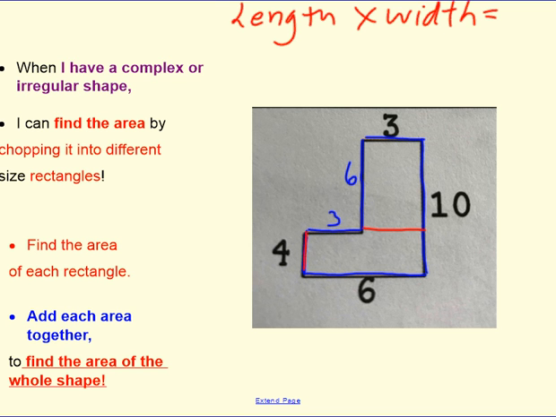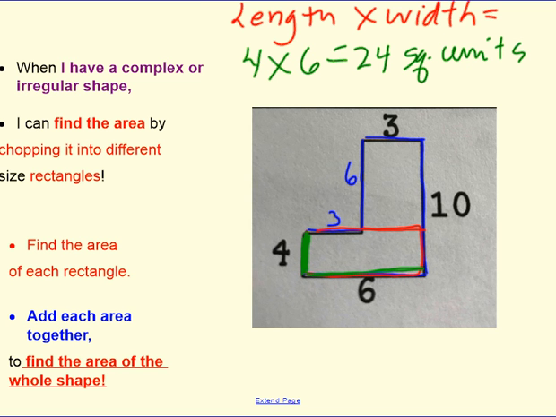So I'm going to find the area of this rectangle. Now with this rectangle right here, I can see I have a length of 4, and then I have a width of 6. 4 times 6, which equals 24 square units. So I found the measurement of the inside of that rectangle.